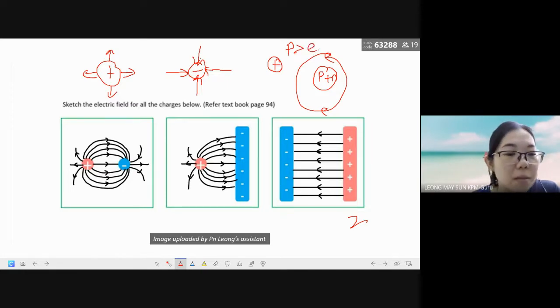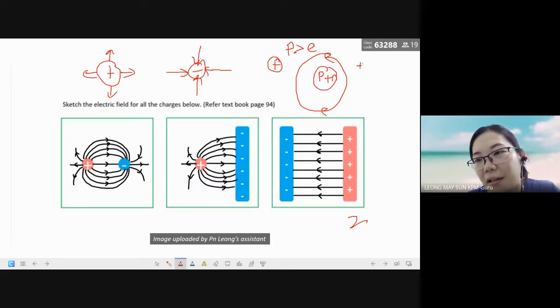In chemistry we call it a positive ion; in physics we call it a positive charge. It's the same thing, but because we are studying different aspects of the atom, one is called a charge, the other a positive ion.